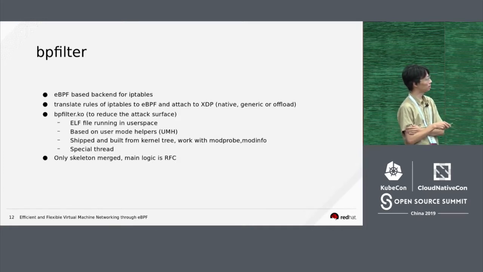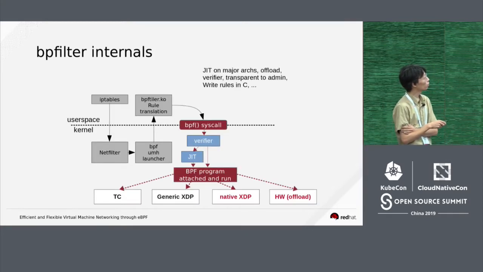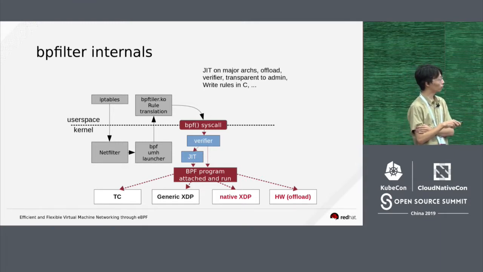It will have the rules translated into an eBPF based backend and attached into different native environments. It could be native, offload, or generic, and this is the general principle. And if iptables needs to establish new rules, then the BPF kernel can intercept the establishment of rules, and they will also create a helper based on the customer's needs.